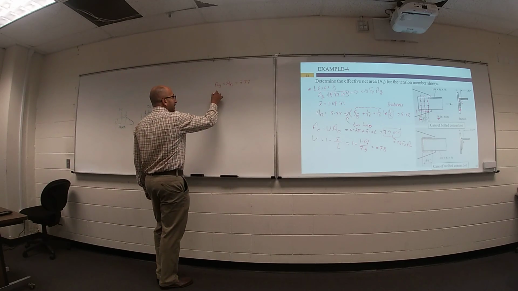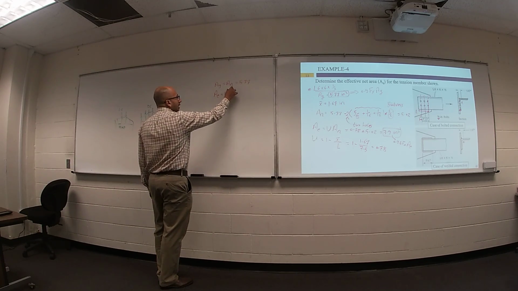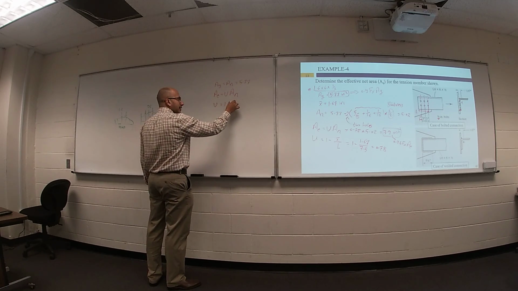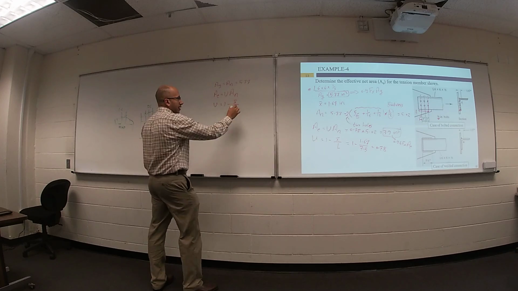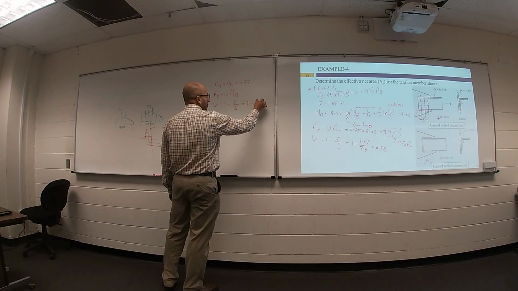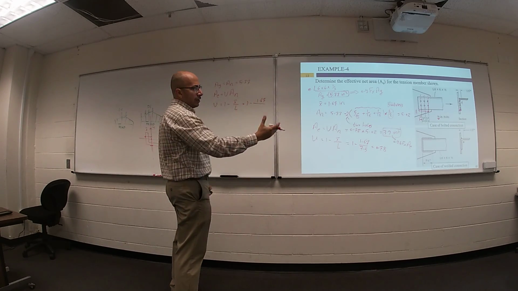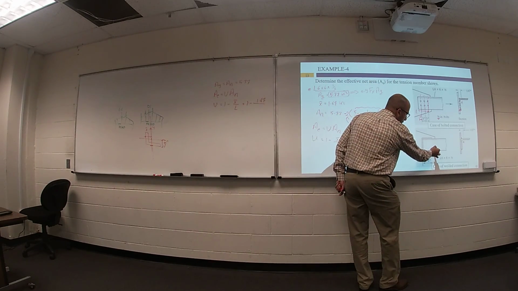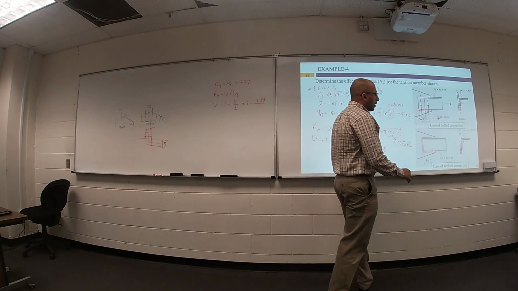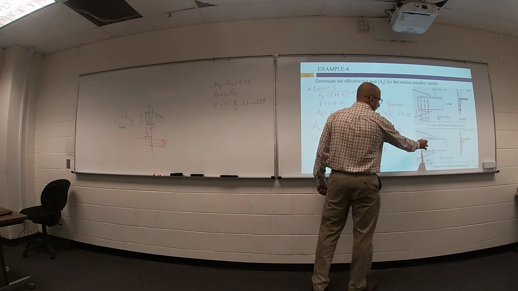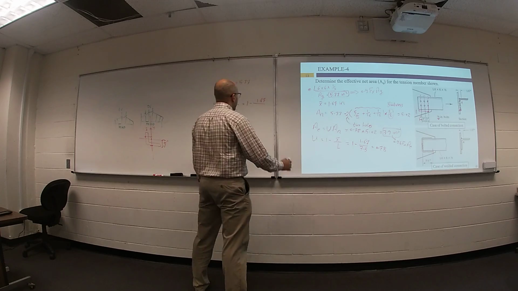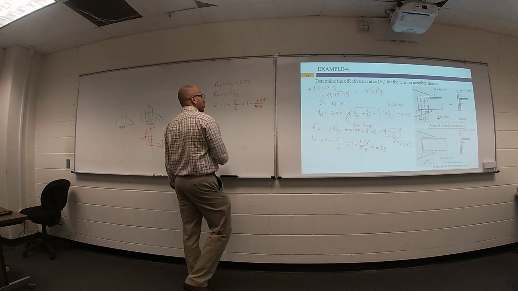Your area effective equal U times area net. U, 1 minus x bar divide L. 1 minus x bar 1.67, the same value. Your L is the distance between start of welding to the edge of your member, given 5.5 inch.